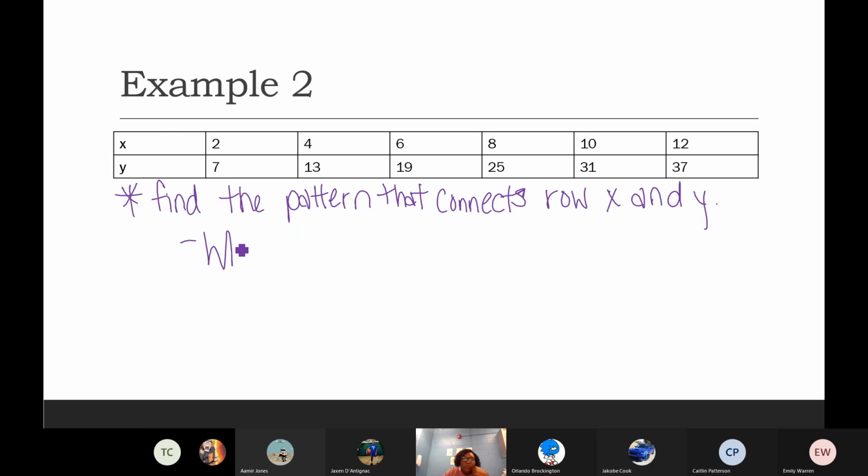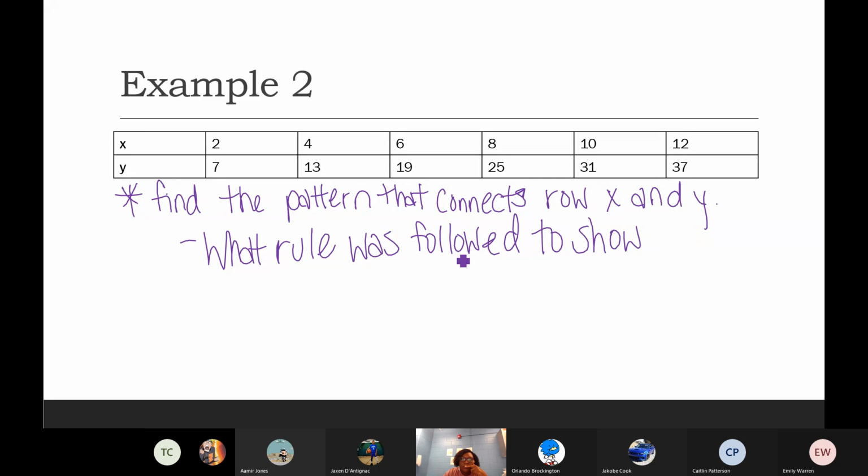What rule was followed to show the pattern for rows X and Y?